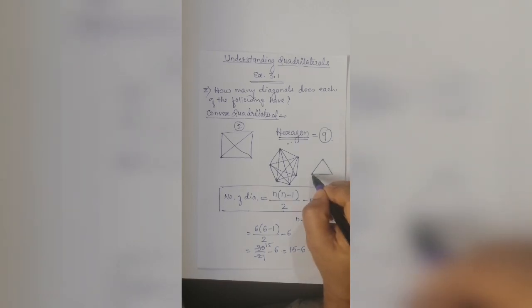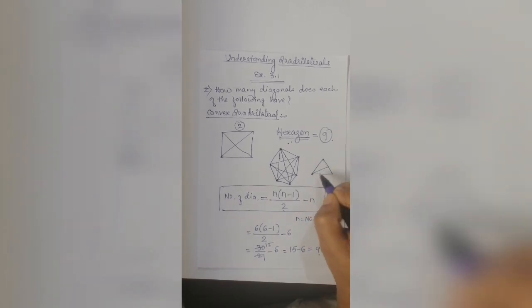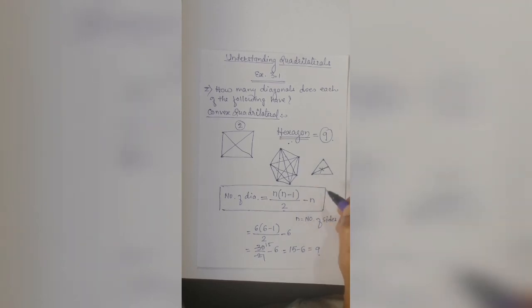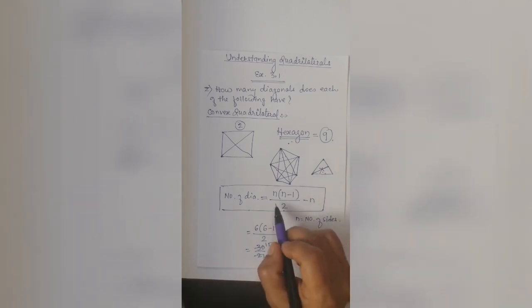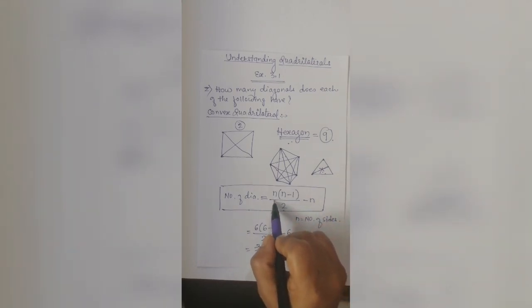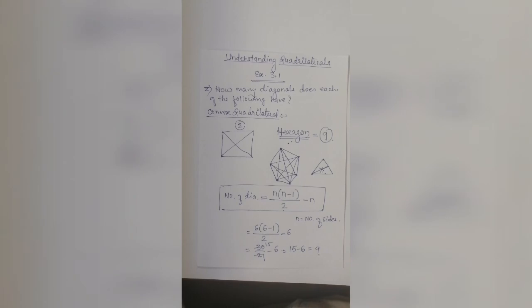If you draw from here to here, this is not called a diagonal, this is called an altitude. So in a triangle there are 0 diagonals. If you put it into this formula, you will get the answer 0 only. Clear?